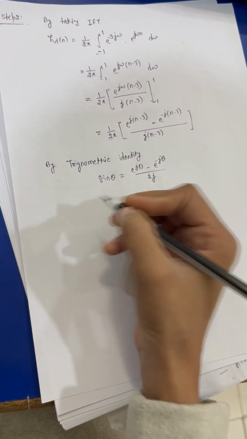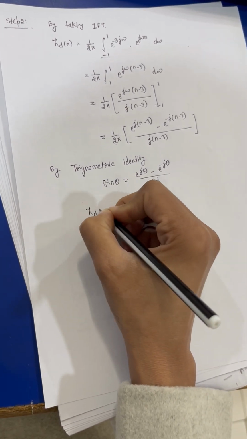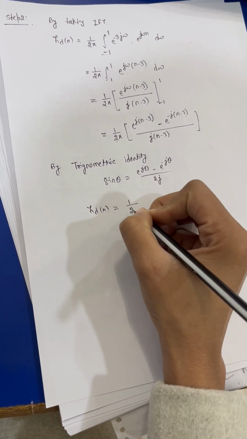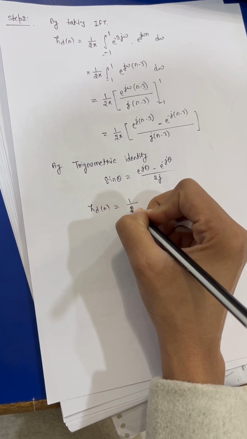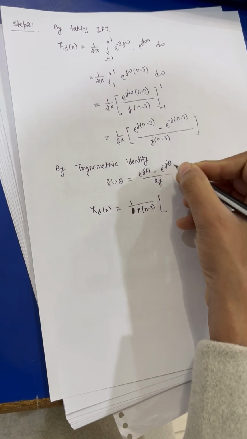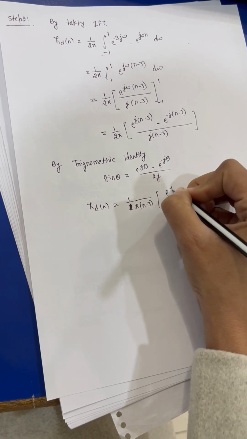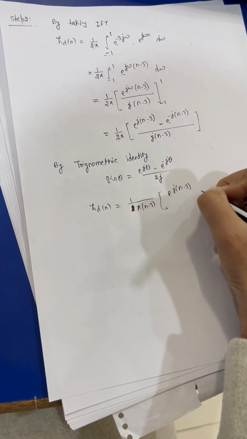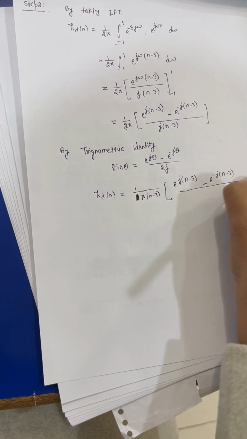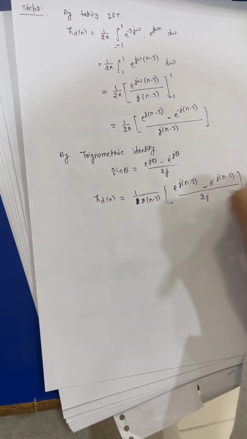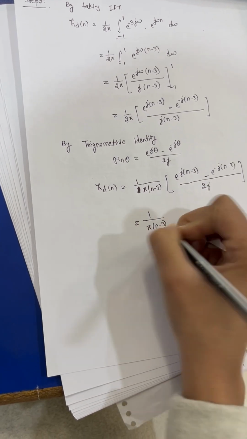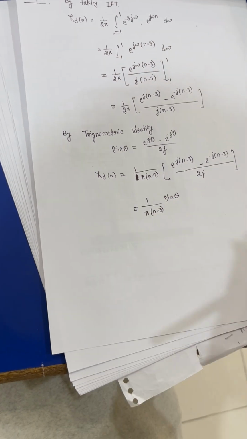So h_d(n) equal to 1 upon 2, 2 goes inside. So here we have pi (n minus 3) inside, by making this form e to the power j (n minus 3) minus e to the power minus j (n minus 3) divided by 2j. We can write this whole term as 1 upon pi (n minus 3) sin theta.